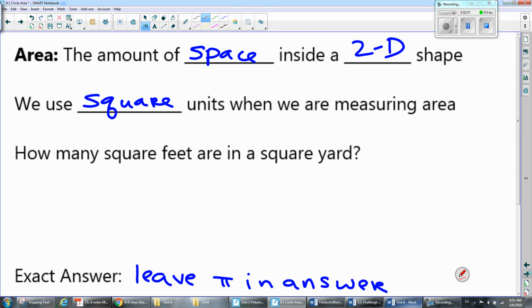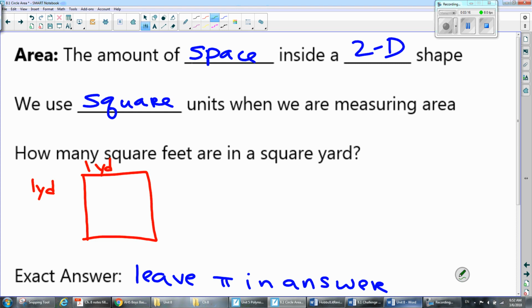So when we're talking about area in this chapter, this is saying the amount of space inside a two-dimensional shape. We use square units when we measure area. If we were trying to figure out how many square feet are in a square yard, it would be helpful to draw a picture. If this is my square yard, that means it's 1 yard by 1 yard.